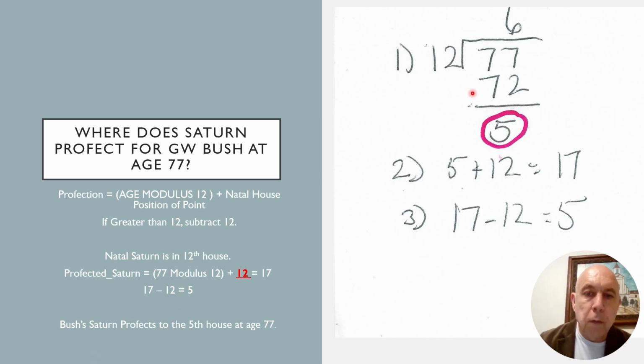Okay, so 12 goes into 77 6 times. This again leaves us with a remainder of 5. We take that remainder. 5 plus 12 equals 17, minus 12 is 5. So Bush's Saturn perfects to the 5th house at age 77.